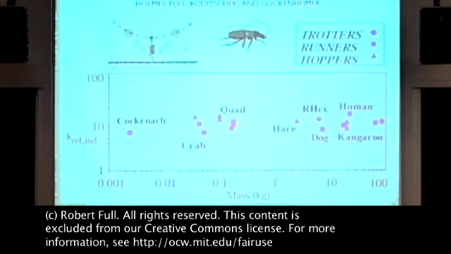So hopefully that's a somewhat compelling argument that this model is representative of actual running behavior, not just something that comes out of nowhere. A lot of work was done on this in the 80s and 90s, trying to study this model and connect it to animals.